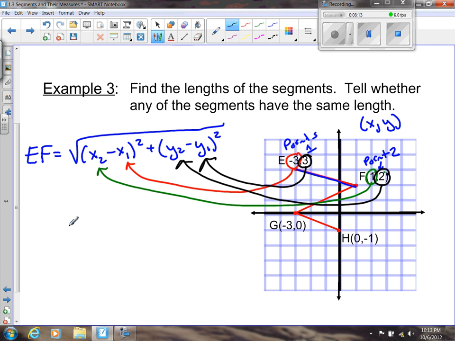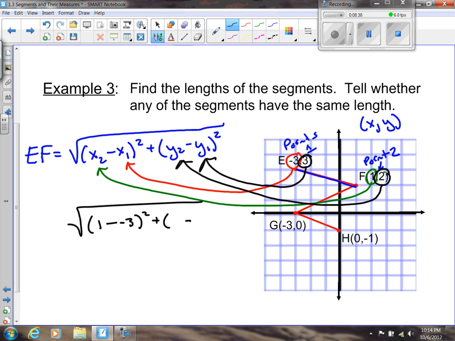So putting it in, it's the square root of 1 minus -3 quantity squared plus y2 is 3 minus y2 is 2.